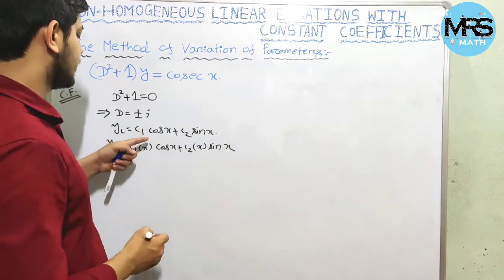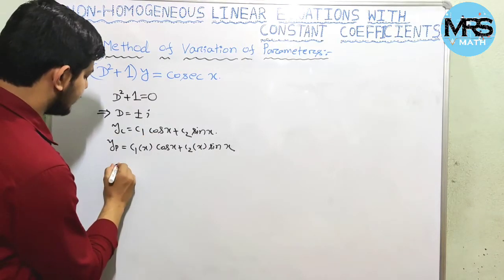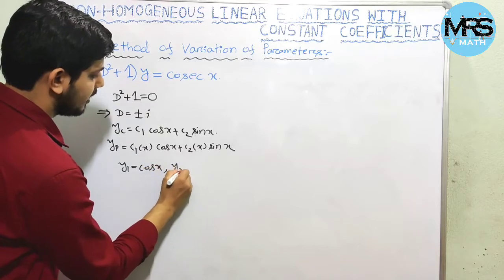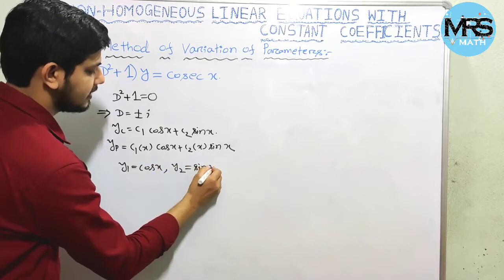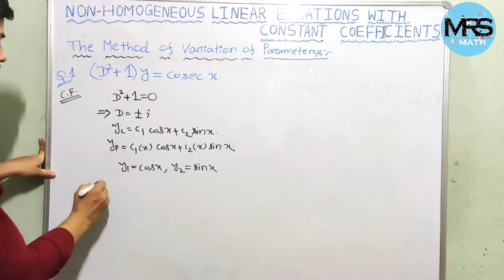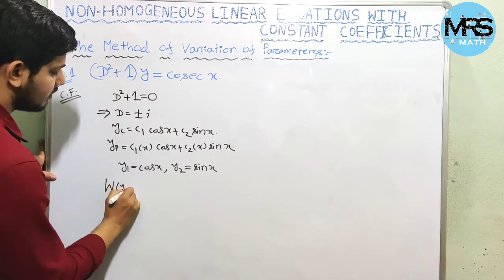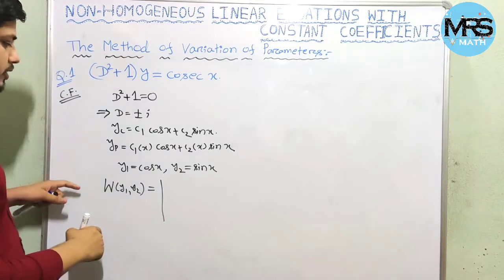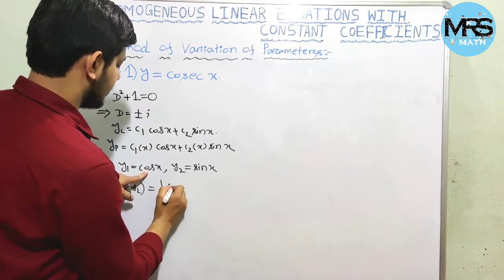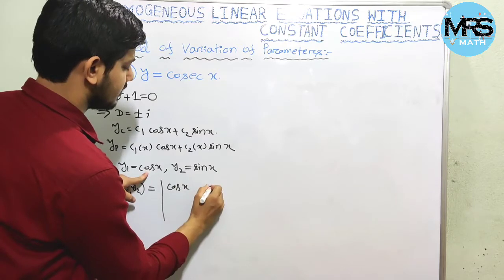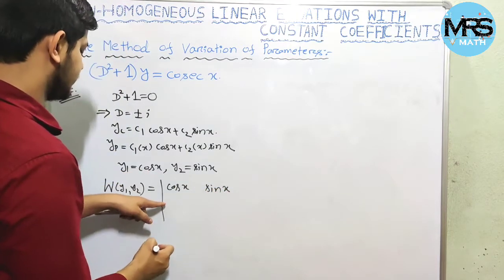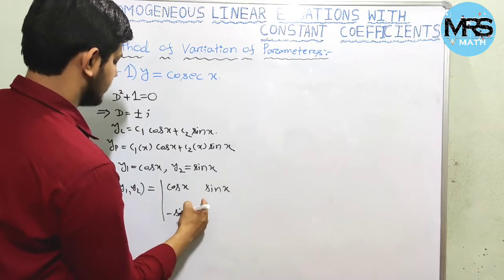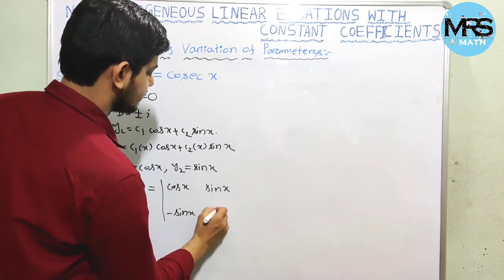Let us write y1 as cos x and y2 as sin x. So our Wronskian of y1, y2: first row cos x and sin x, second row y1 dash, that is minus sin x, and y2 dash, that is cos x.